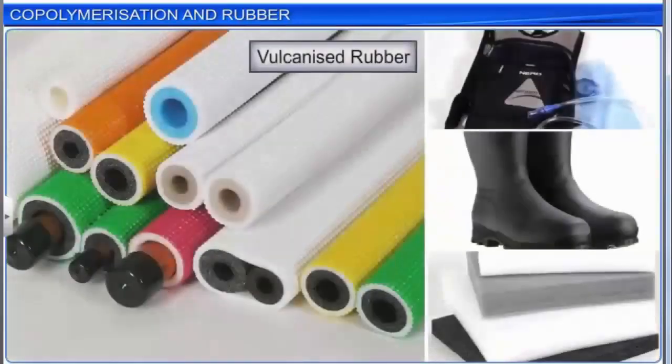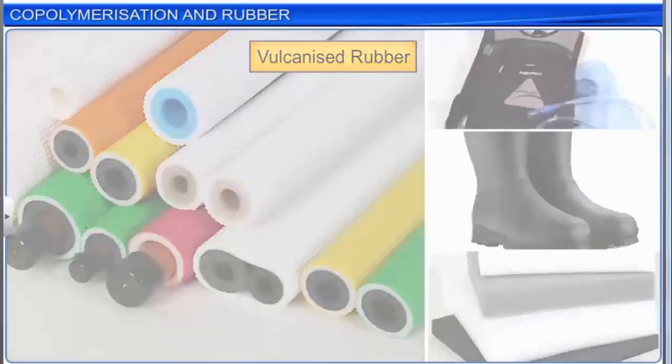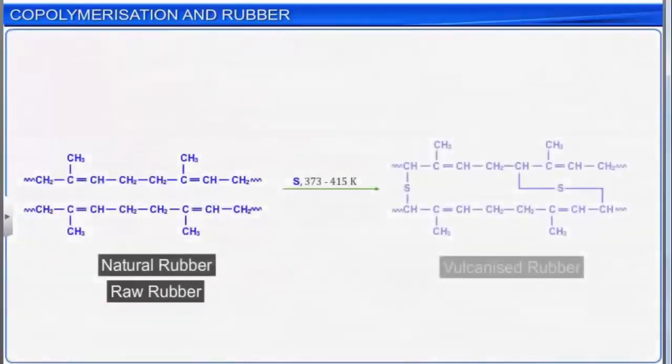Most rubber used today is vulcanized rubber. To vulcanize rubber, raw rubber is mixed with sulfur and heated between 373 and 415 degrees Kelvin. This forms sulfur cross-links at the reactive sites of double bonds, such as allylic positions, and thus the rubber gets stiffer.